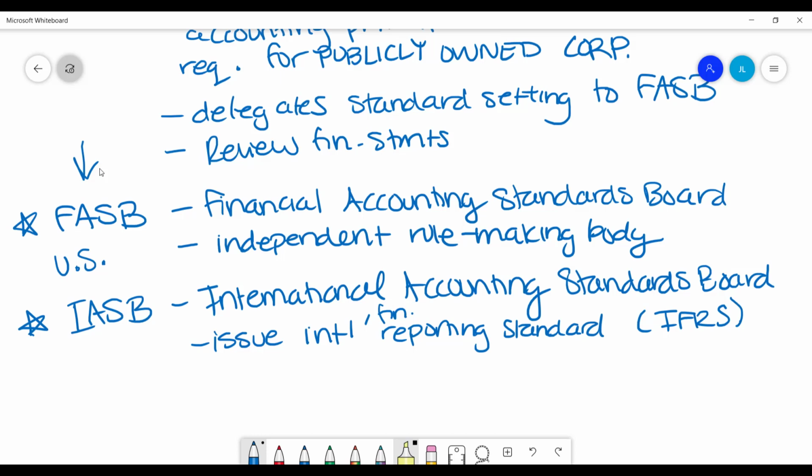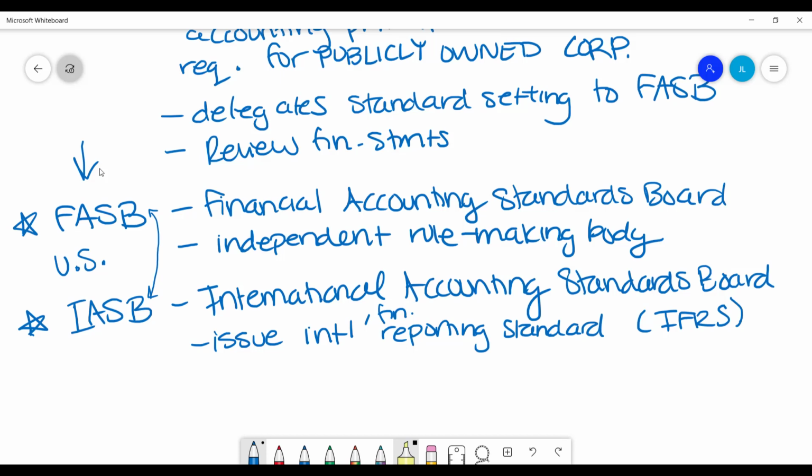Okay, so there's a lot of talk about, okay, well, at what point is FASB and IASB going to converge completely so that it just makes companies' lives easier, right? Well, the likelihood of these two groups really converging their standards anytime soon is pretty slim, just because there's so many complexities involved with both.